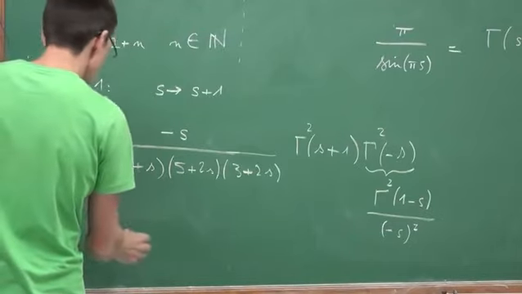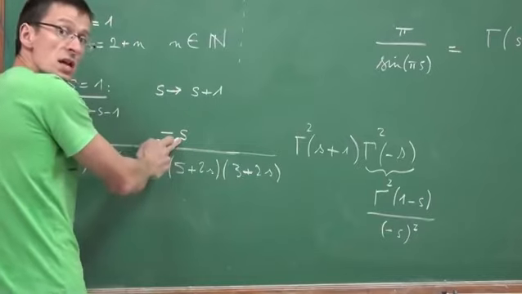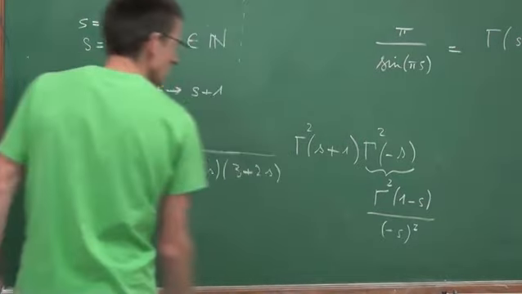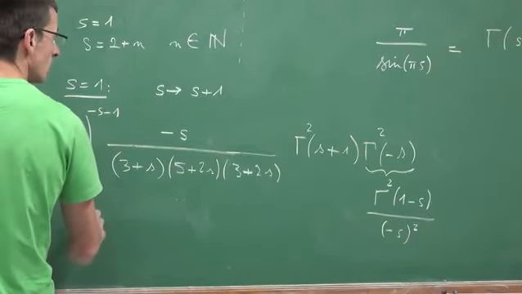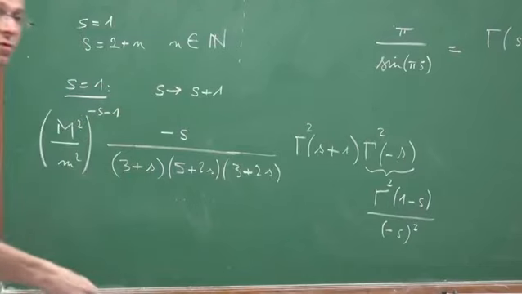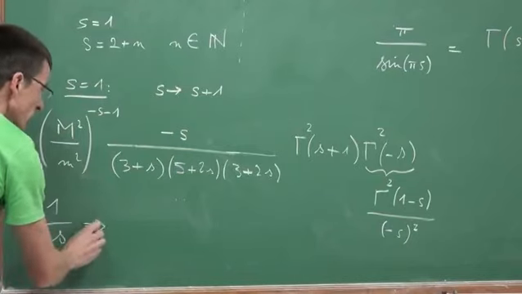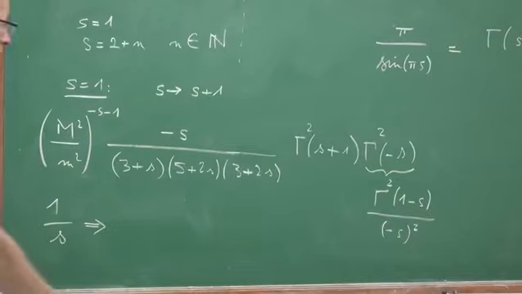And I finally have cancellation with this s, which is in the denominator. Therefore, I find simply, when I keep s equal to 0 to get the residue, since it is 1 over s, I only have to put 0 here to get the solution.